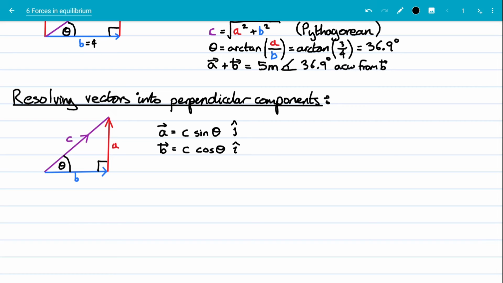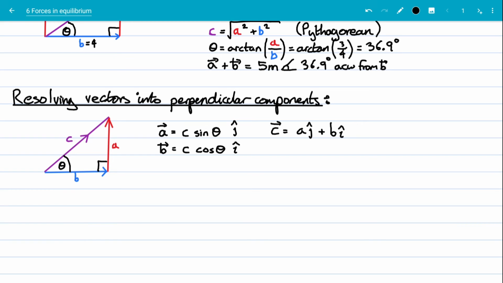I and J are unit vectors. So we could say that C is equal to A times J, that's the Y component, plus B times I, that's the X component.